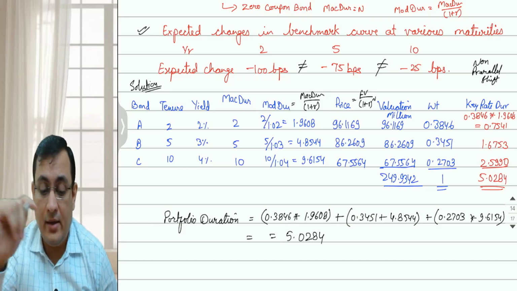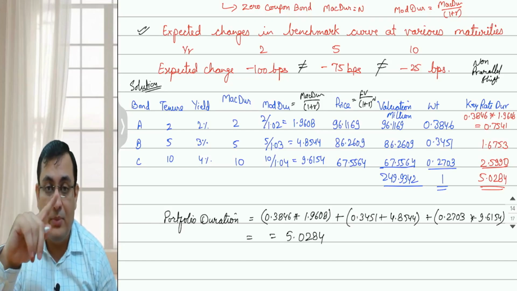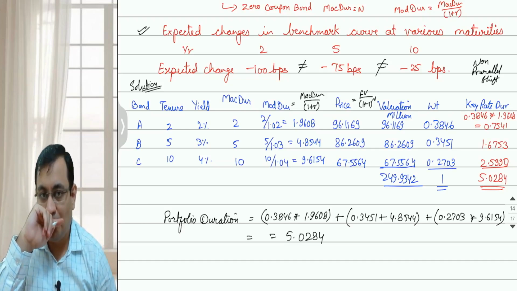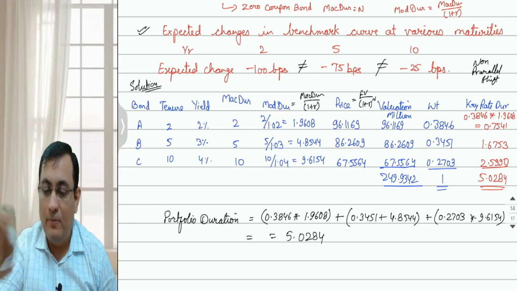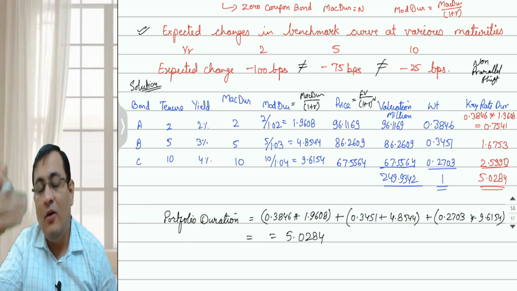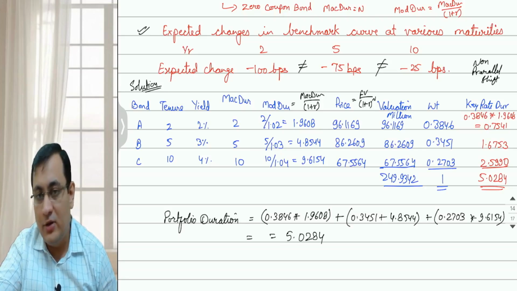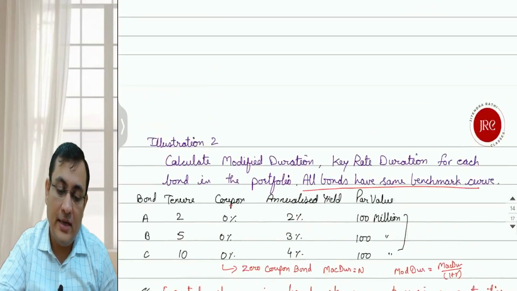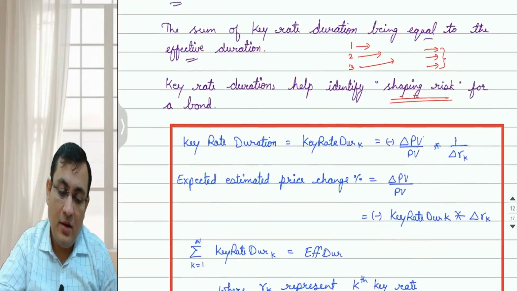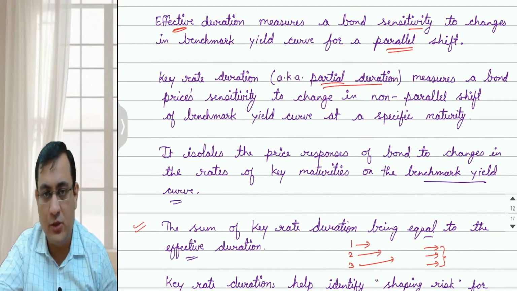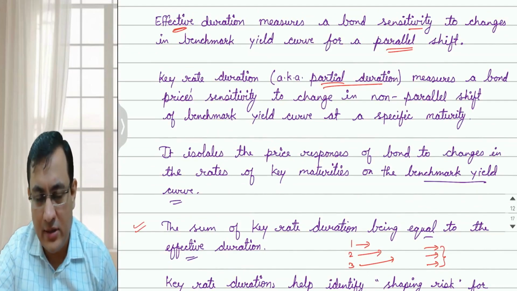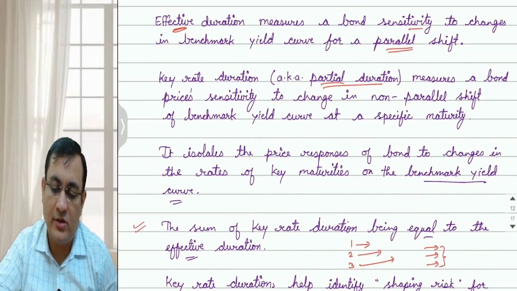If only the 10-year tenure yield changes by 1%, the portfolio value will change by 2.599%. And if 1% increases at all points of time, the overall portfolio should increase or decrease by 5.0284%. So the sum of key rate durations must equal the effective duration, because we are using the benchmark yield curve. So modified duration is not equal to effective duration.